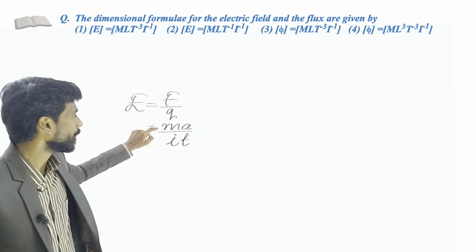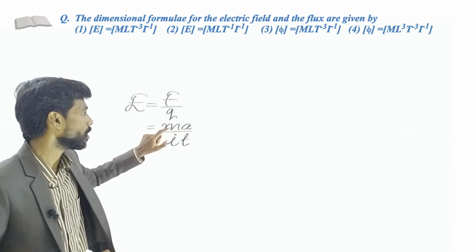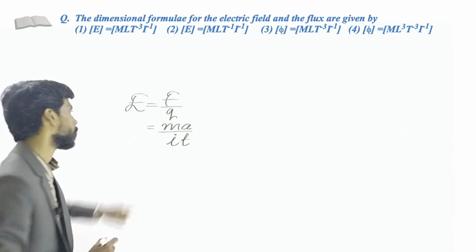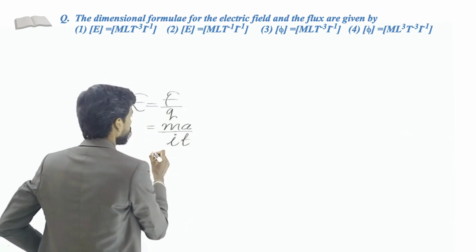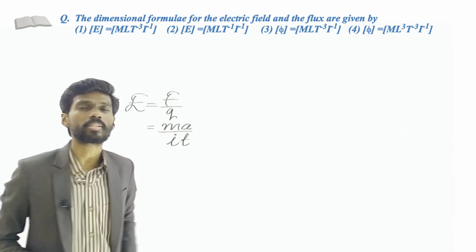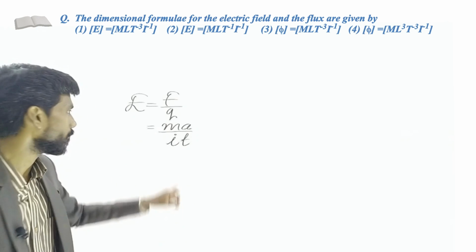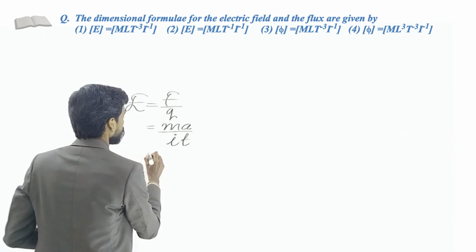So that's all. So let us write the dimension of all these things. So mass has dimension M. Okay, so acceleration. What is acceleration? Meter per second square, right? So let us write the dimension of this.